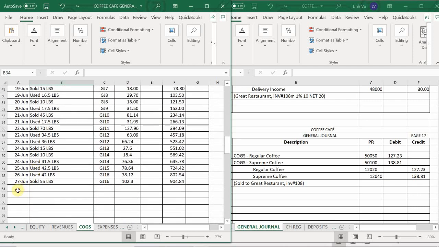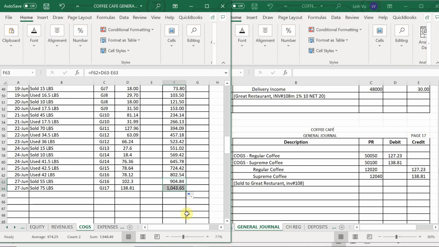And then of course I need to update my Supreme Coffee saying that I sold 75 pounds of my Supreme Coffee at General Journal 17 for a grand total of 138.81, which then gives me a running balance of 1043.65.